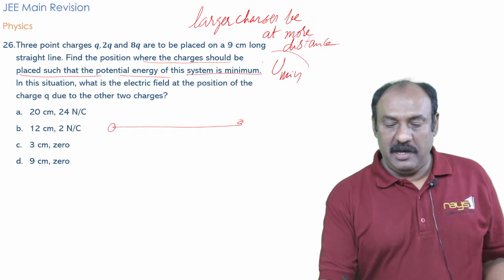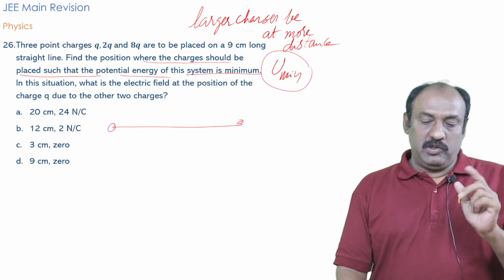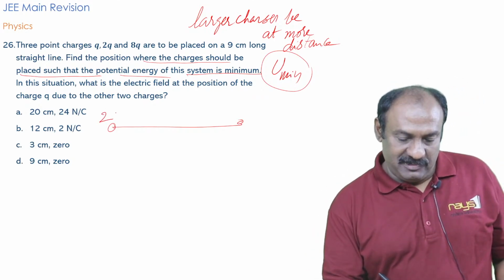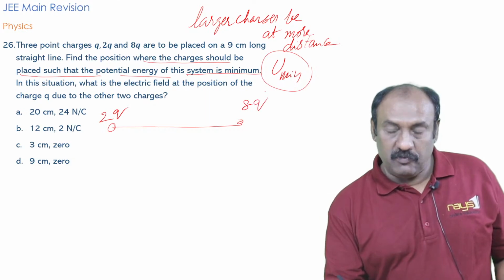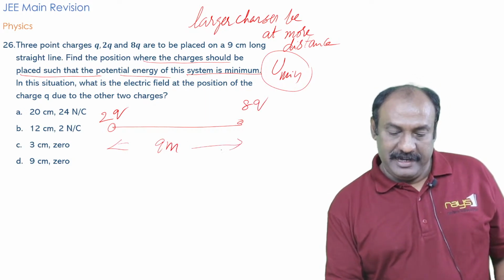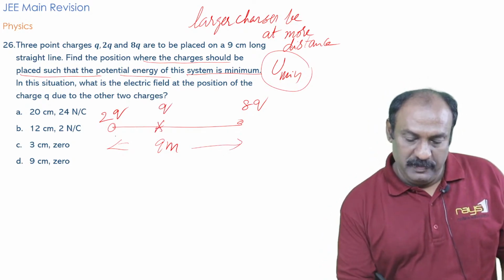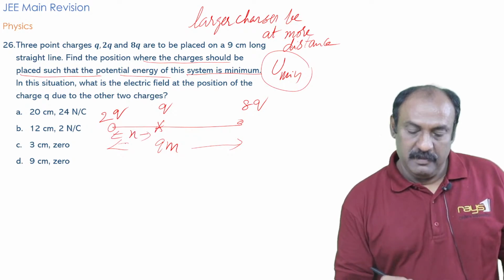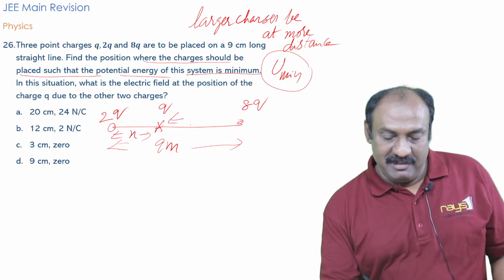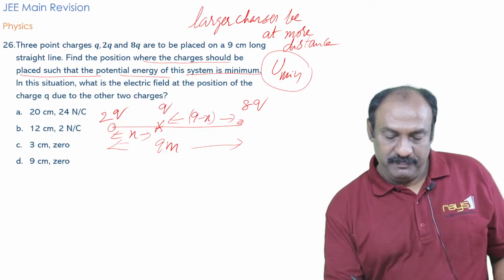So out of the given data, what are the charges? Q, 2Q and 8Q. So the larger charges 2Q and 8Q are separated by a distance of 9 given in the data. Let small q be at a distance x from 2Q. Then what is the remaining distance from Q to 8Q? It is 9 minus x.